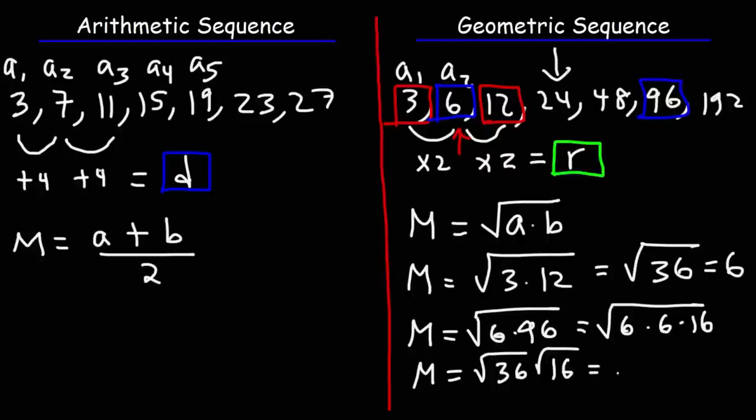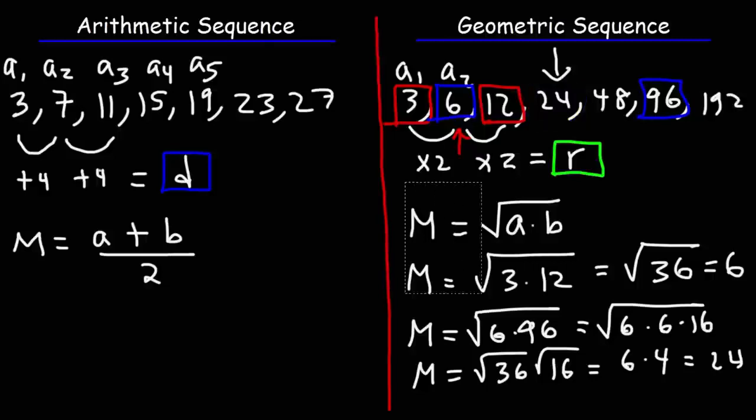The square root of 36 is 6. The square root of 16 is 4. So we have 6 times 4, which is 24. So as you can see, the geometric mean of two numbers within a geometric sequence will give us the middle number in between those two numbers in that sequence.